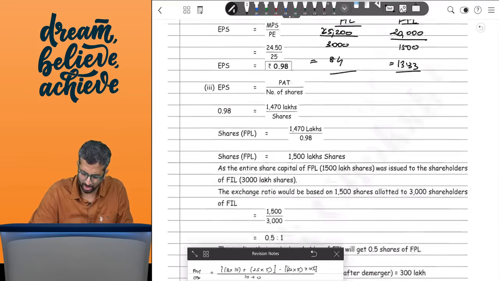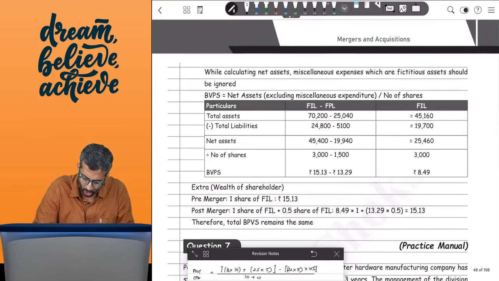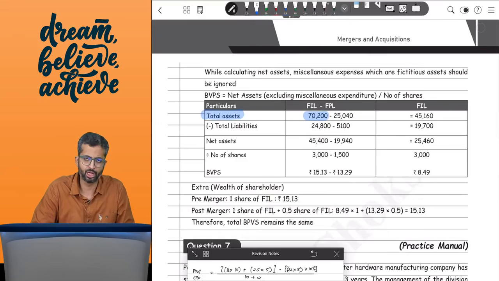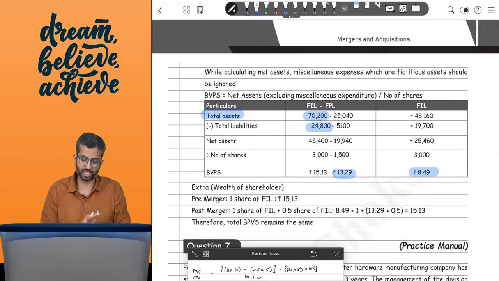Slight differences would be there because over here when you take your total assets, these are total assets which are without adjusting this deferred tax minus the liabilities, and approximately you will get 8.49 and 13.29, which is a slightly different answer.